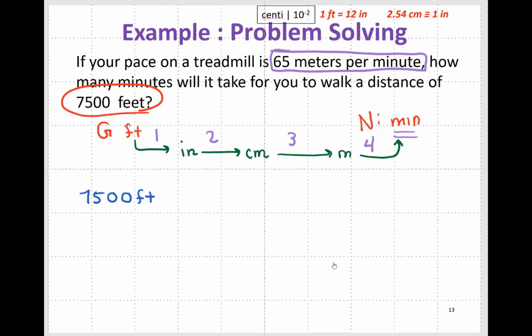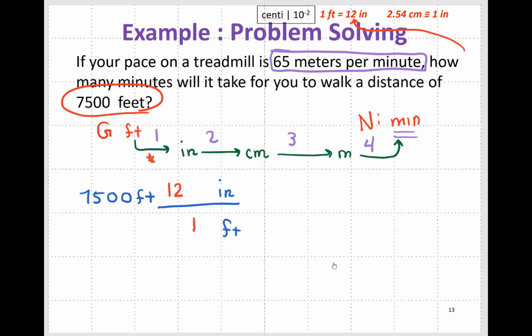So the first step is going from feet to inches. I want feet on the bottom so it cancels, and inches on top. The numerical value is taken from the equation sheet, or in this case it's on the slide, and 1 goes in front of foot, and 12 in front of inches. So that completes step 1.